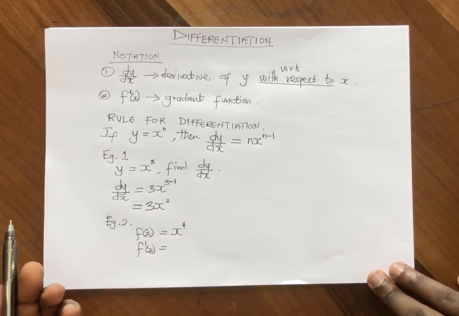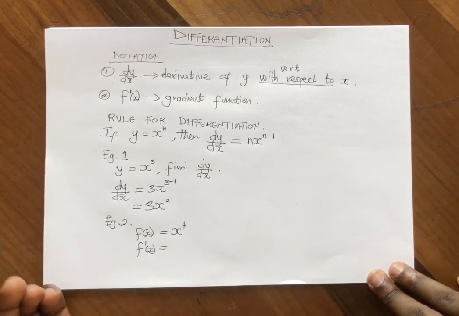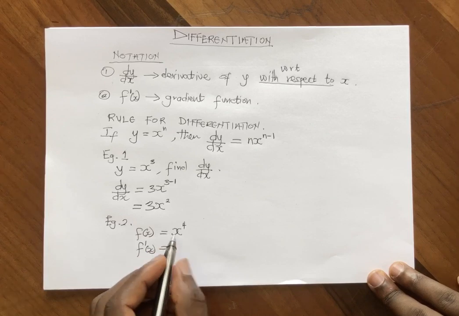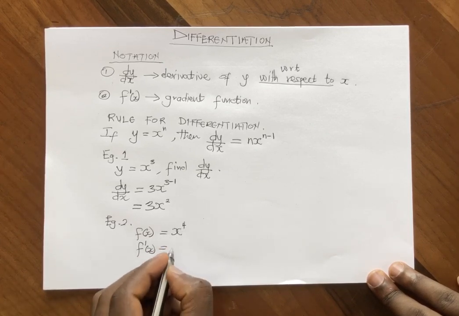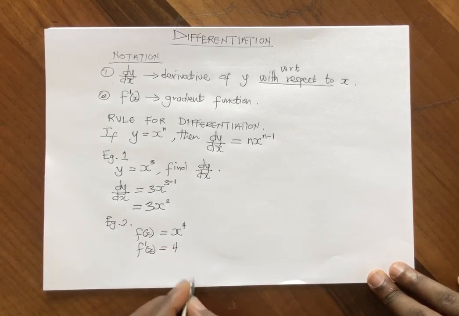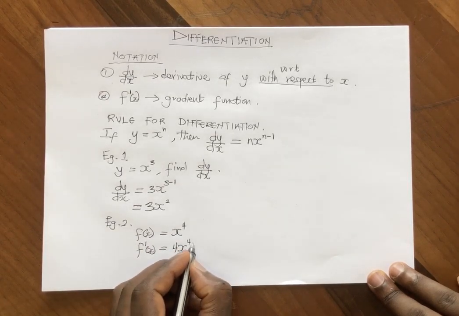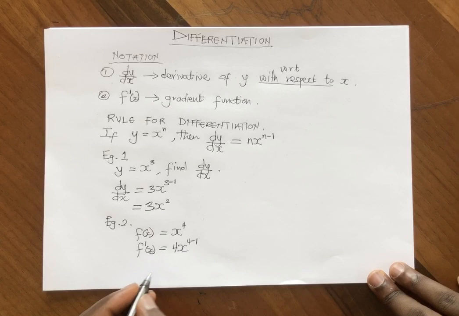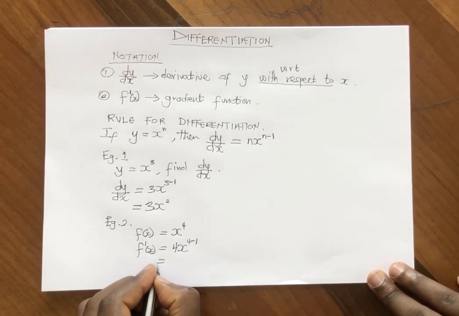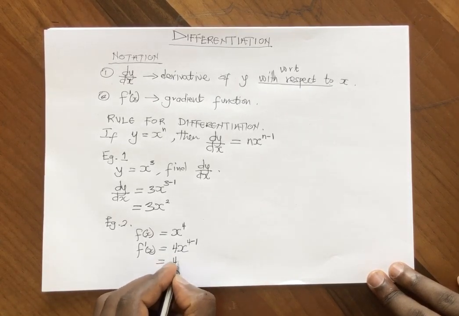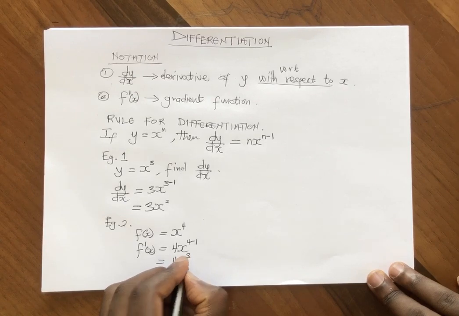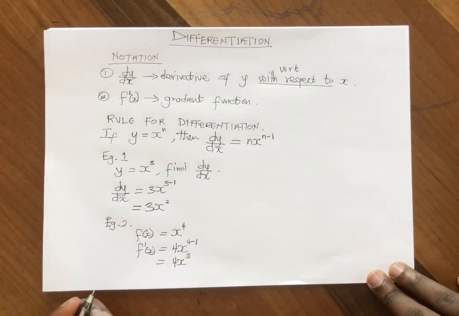You are differentiating it, so you are looking for the gradient function. The 4 comes down, then you write x raised to the power 4. But we said we must subtract 1 from the power. So this gives us 4x cubed.